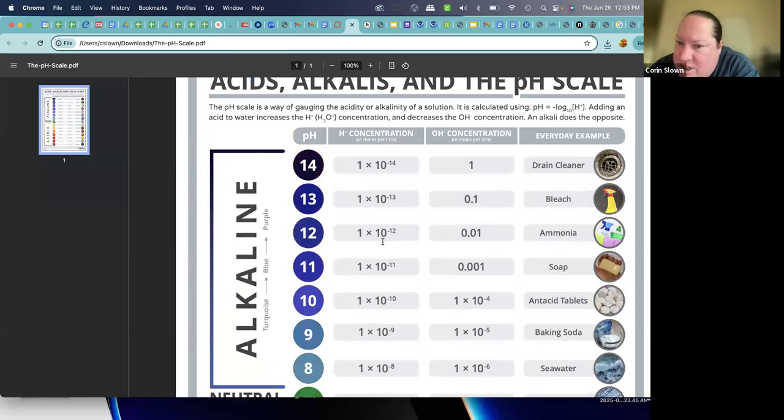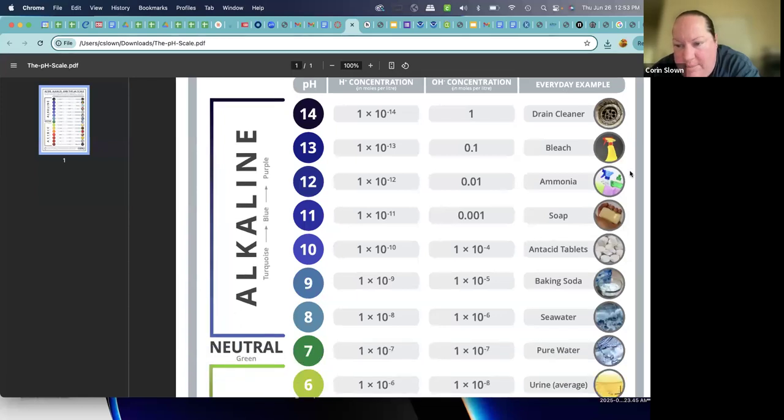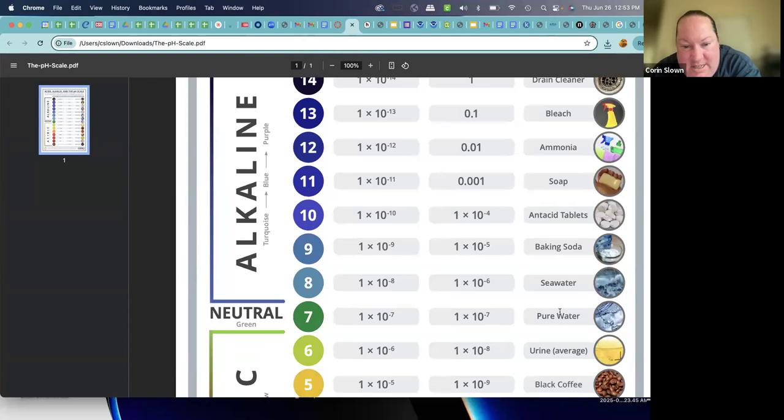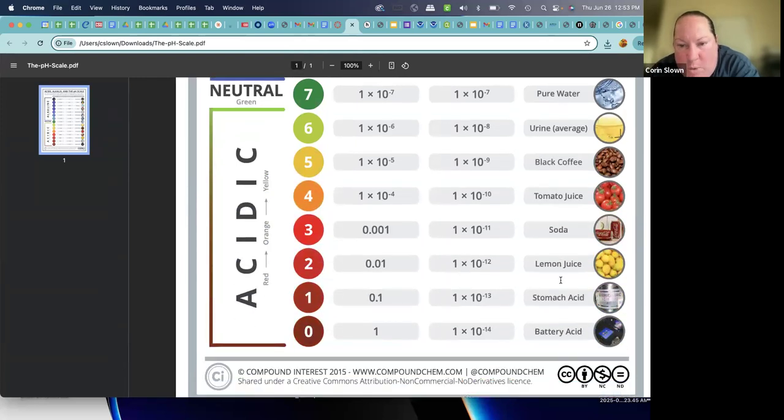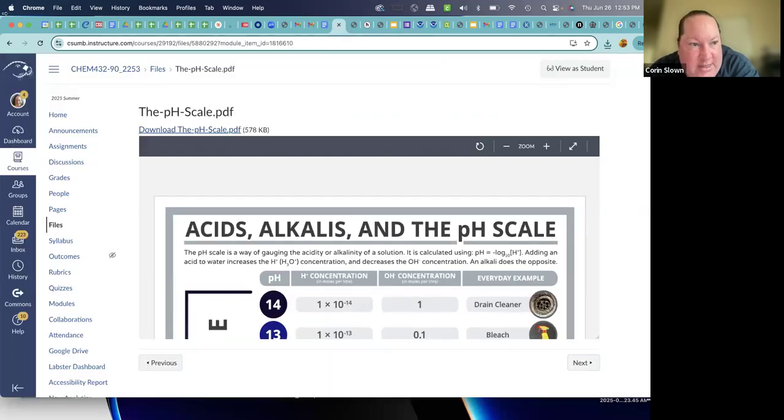But then I think what's actually also helpful is that it also gives the hydrogen ion concentration and the hydroxide ion concentration in moles per liter with an everyday example. And so you can think about both household chemicals, say, for example, the seawater that we talked about today, as a reference point.